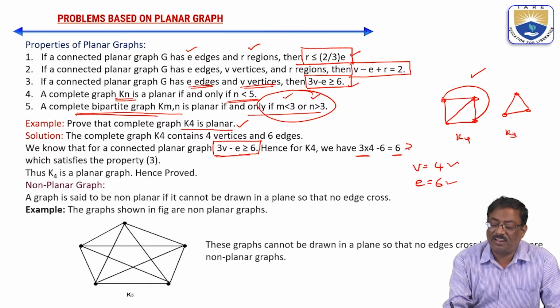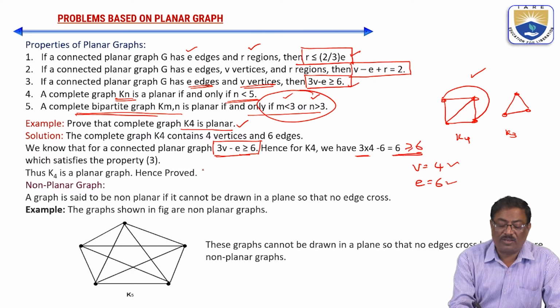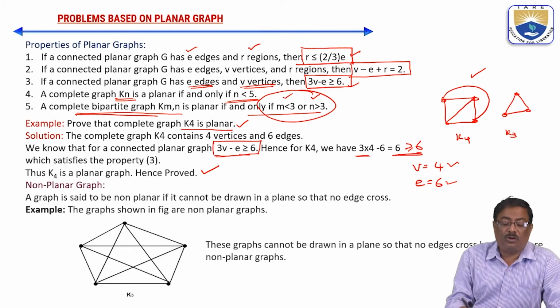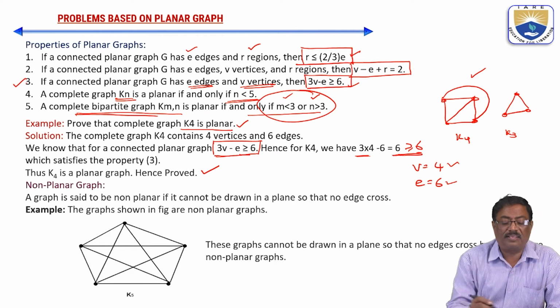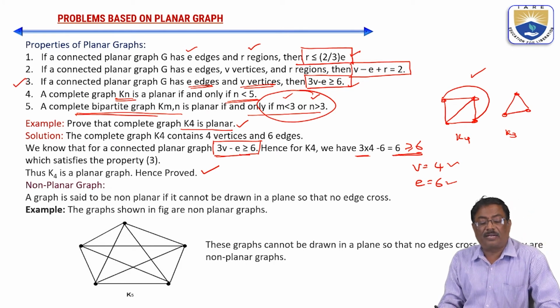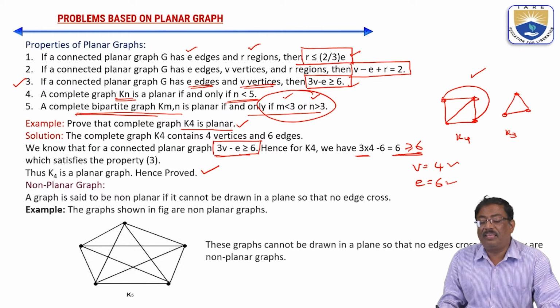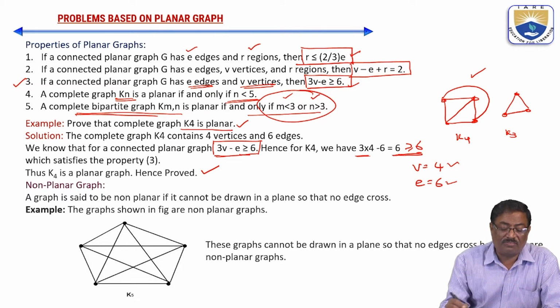So 6 is greater than or equal to 6. The condition is satisfied, so we can say that K4 is planar. This is completely based on the third property: if G is a connected planar graph having E edges and V vertices, then 3V minus E is greater than or equal to 6. From that we can say that the graph is planar.